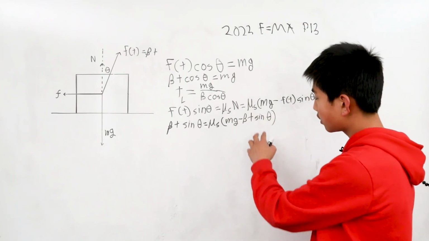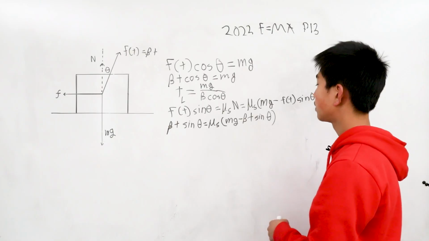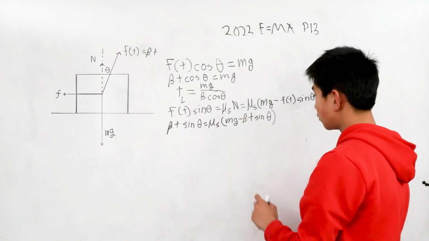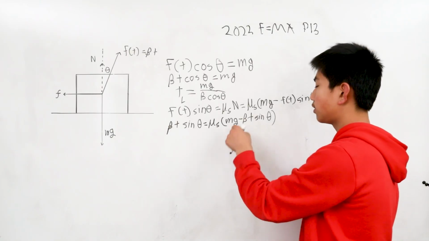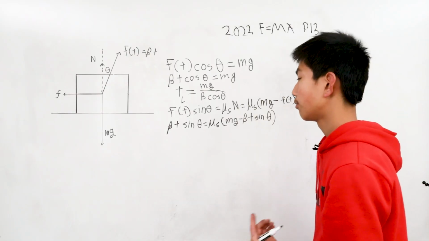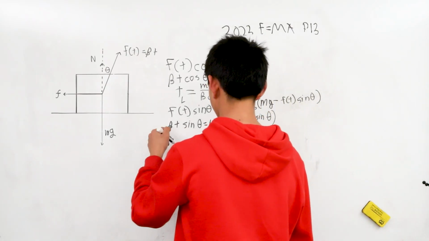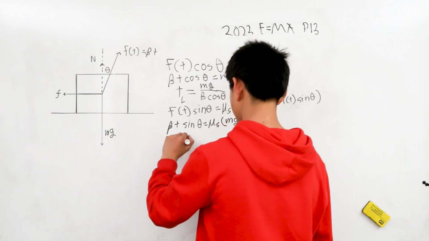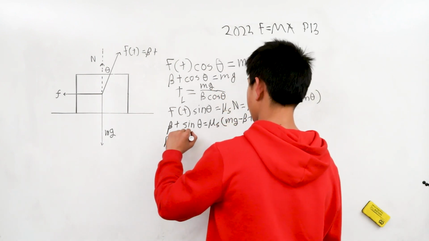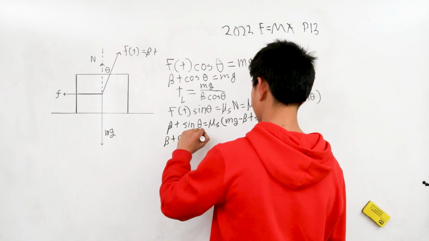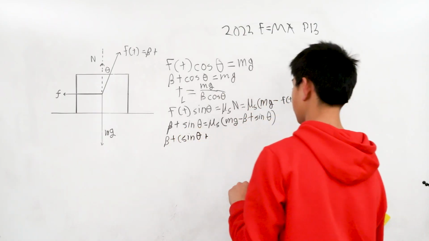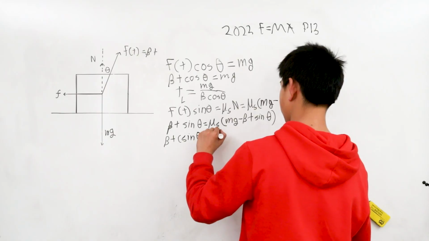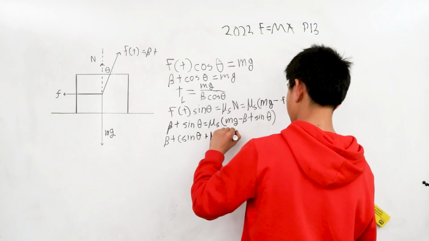Since this term on the inside has beta and time, we want to multiply this out to move it over here. Once you've done that, you can factor out the beta times time. This is beta times time times sine of theta plus mu of s times sine of theta.